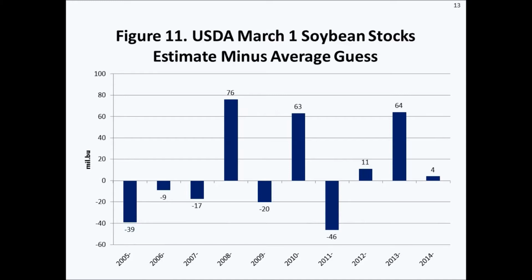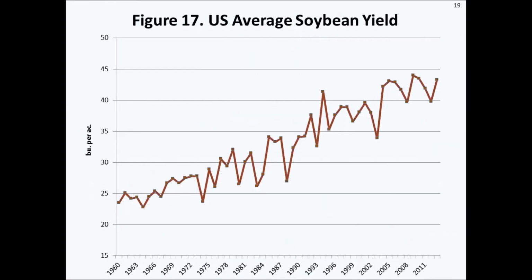I think ongoing strong exports and prospects for pretty small year-ending stocks still continue to be very supportive for old crop soybeans, but really no new bullish information in today's stocks number. You'd have to say on the surface one of the more neutral reports that we've received in recent years on March 1 stocks.